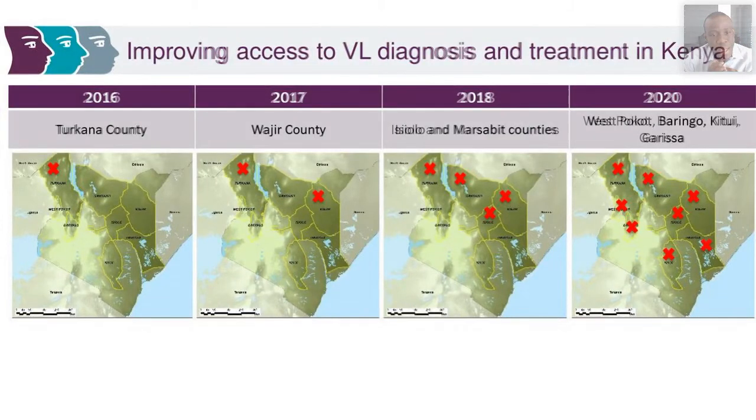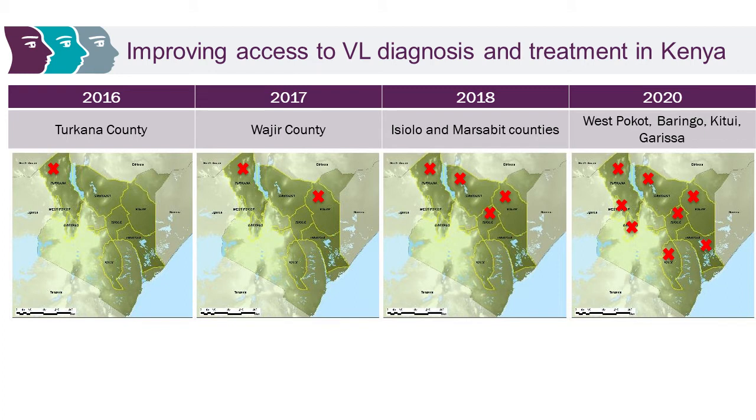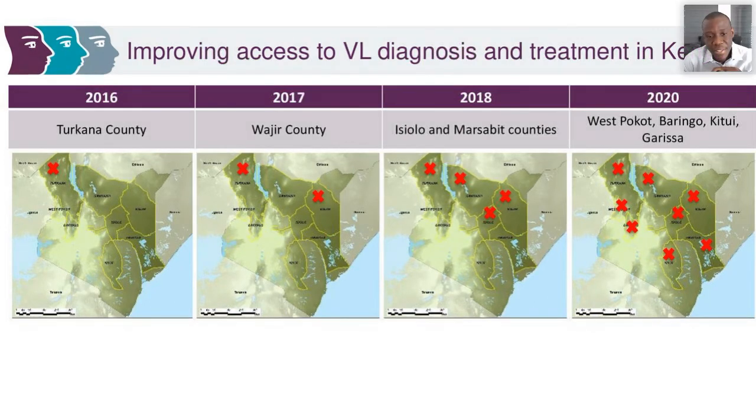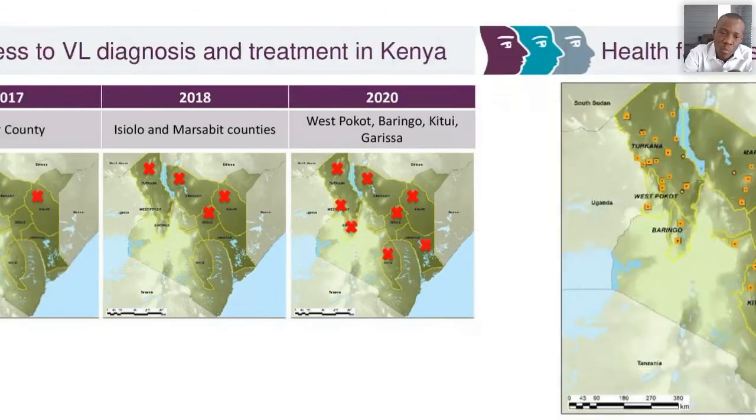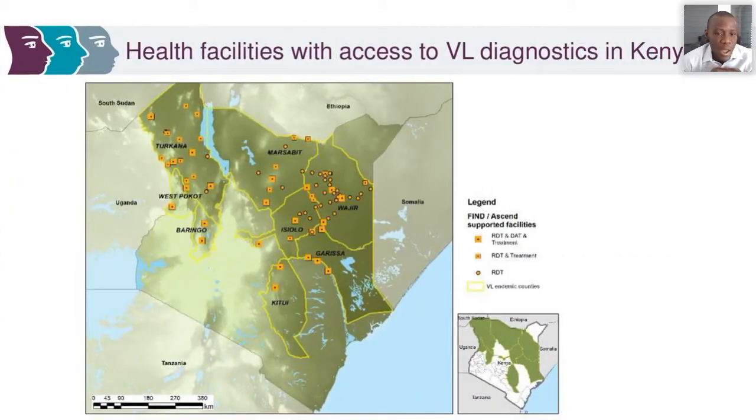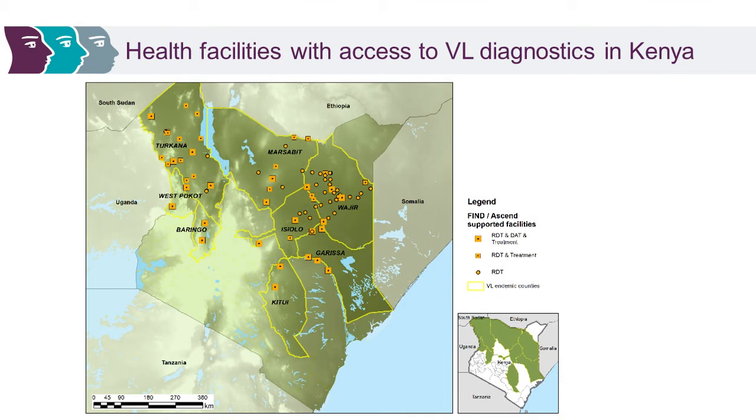Our activity started in 2016 in Turkana County. In 2017, we added one more county, Wajir. In 2018, 2 counties were added. Last year, 4 counties were added. So we're currently in all endemic counties in the country. At the moment, there's a network of more than 80 health facilities that provide diagnostics to the local communities.